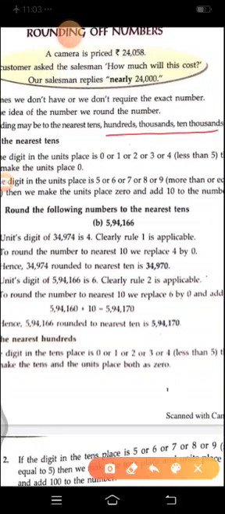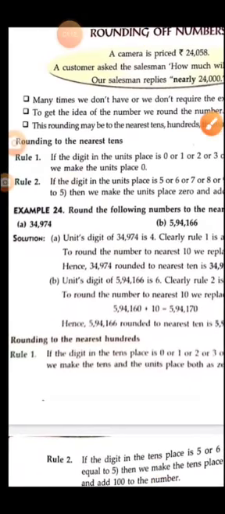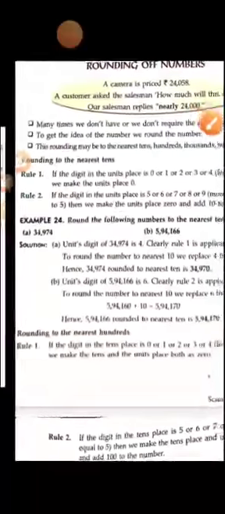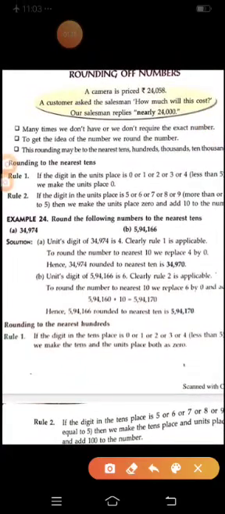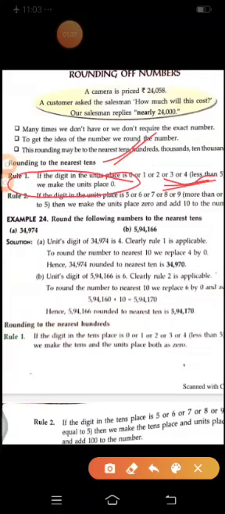Okay, students. Now first we learn about rounding to the nearest tens. So the first rule is, if the digit in the unit place is 0 or 1 or less than 5, then we make the unit place 0.